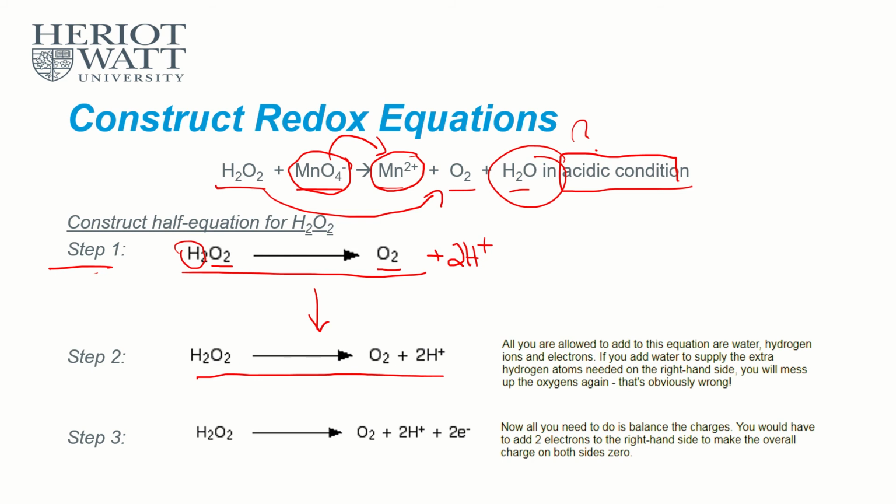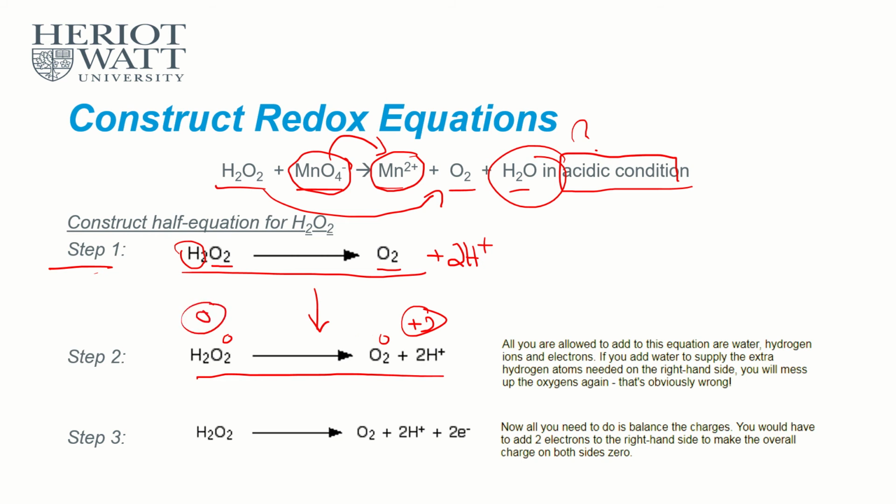Yes, it's balanced. Once we have balanced everything, the next thing we need to do is to balance the charge. This is always the last step. How do we know how to balance the charge? Look, H2O2, what is the overall charge here? 0, nothing at the top right corner. On the product side, oxygen is 0. But what about the H plus? H is positive, and I have 2, so the overall charge here is 2 positive on the product side. On the reactant side, it is 0 overall.